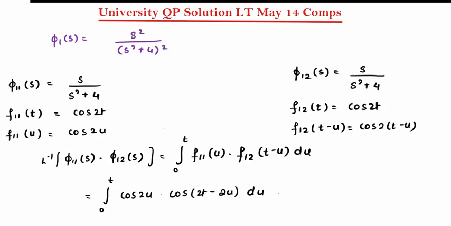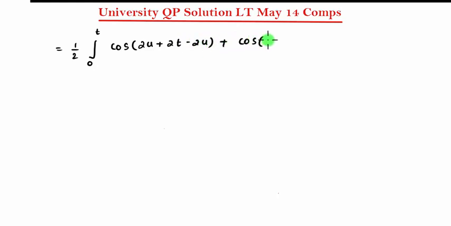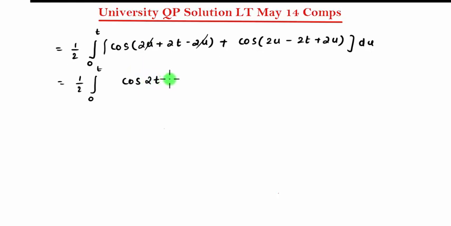So cos a cos b, which I can solve further as 1 by 2, integral from 0 to t of cos (a plus b), so cos (2u plus 2t minus 2u), plus cos (a minus b), so that is (2u minus 2t plus 2u). Now after solving this, I get 1 by 2, integral from 0 to t of cos 2t, and this term gets cancelled, so only cos 2t remains, and this comes to be cos (4u minus 2t).